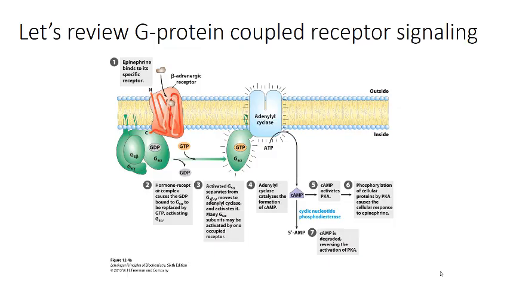To start, let's review how G protein-coupled receptor signaling works, as the mu opioid receptor is a G protein-coupled receptor. When the ligand binds to the receptor, it causes a conformational change in the G proteins, which then release a GDP and bind a GTP.